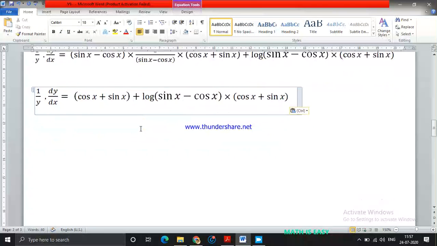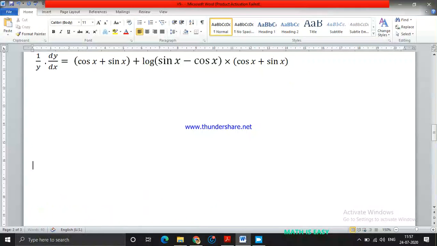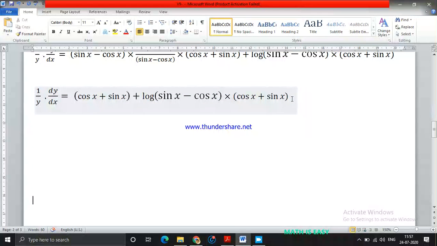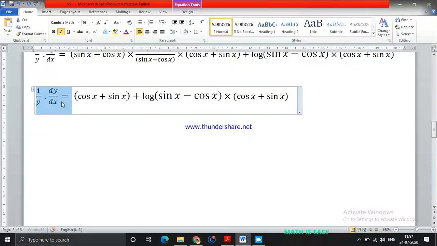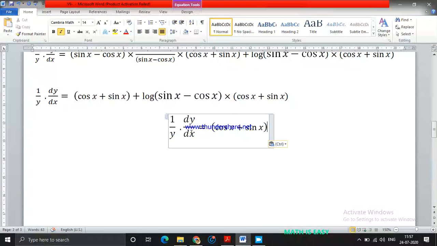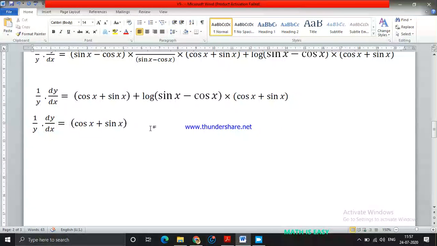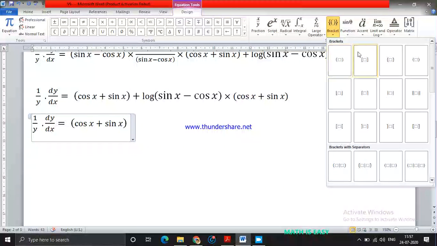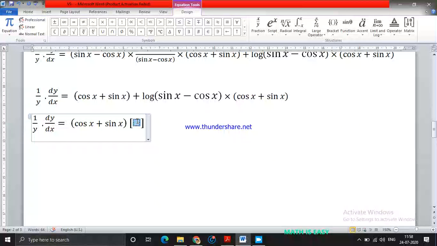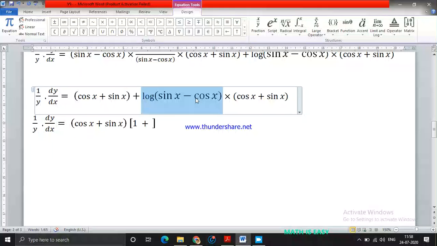Okay, so what you can do here is you can replace some terms if you want. I think you can take cos x plus sin x common from both of them. These terms will remain as is. I have taken this term common, so then what will be left out? 1 will be left out, plus, and here log.